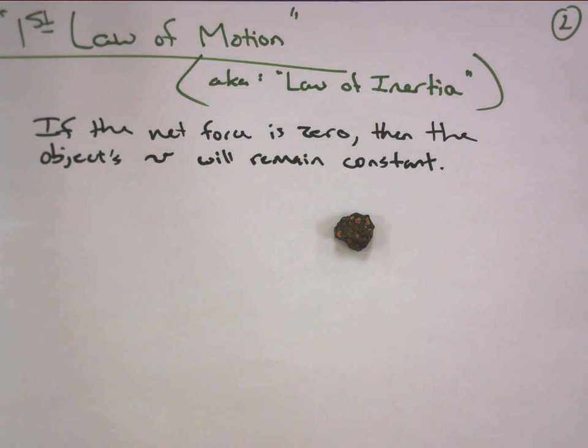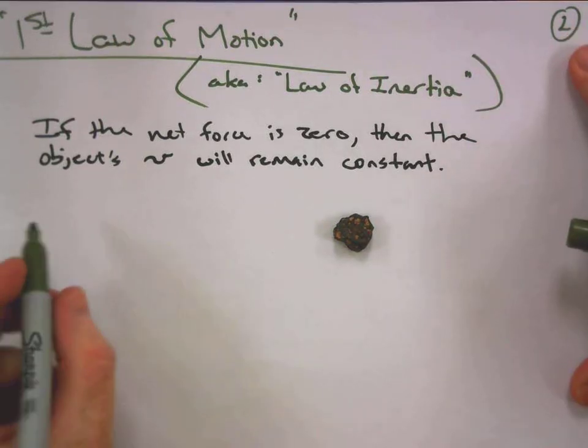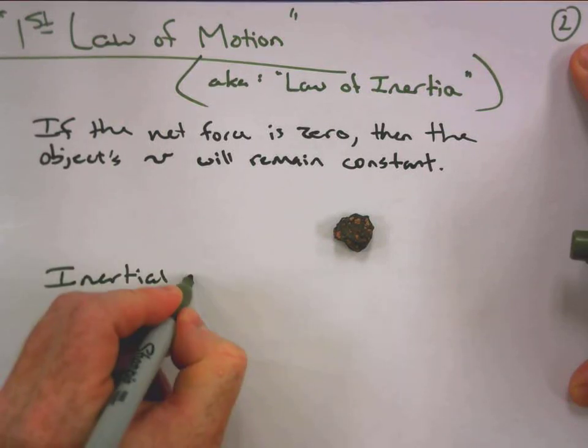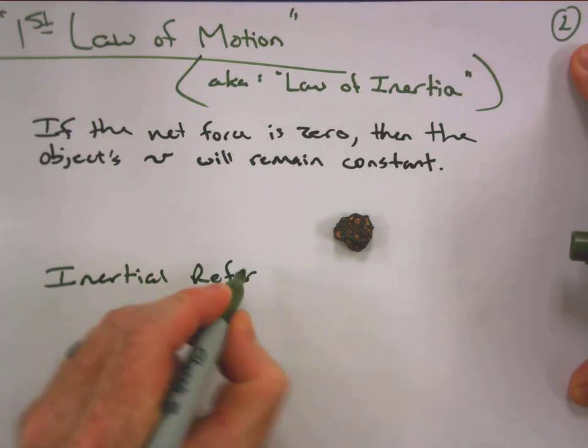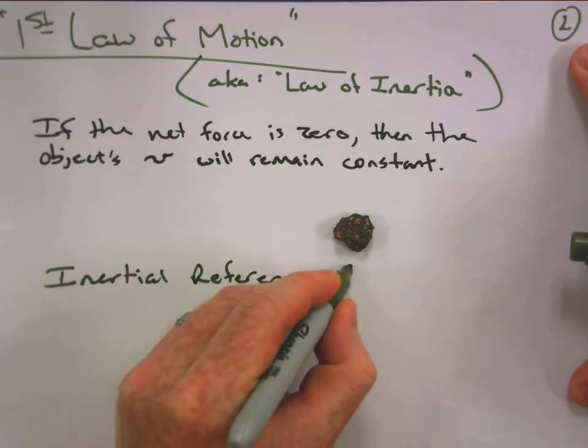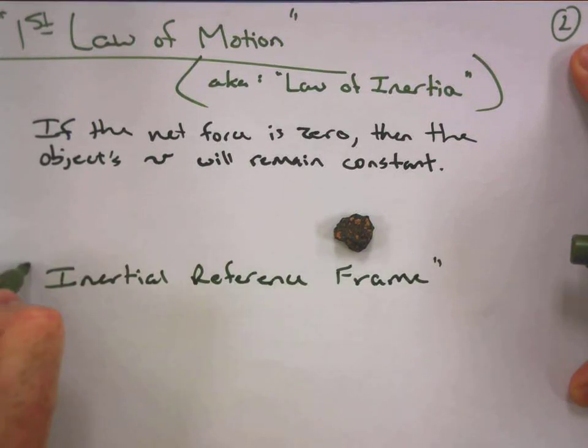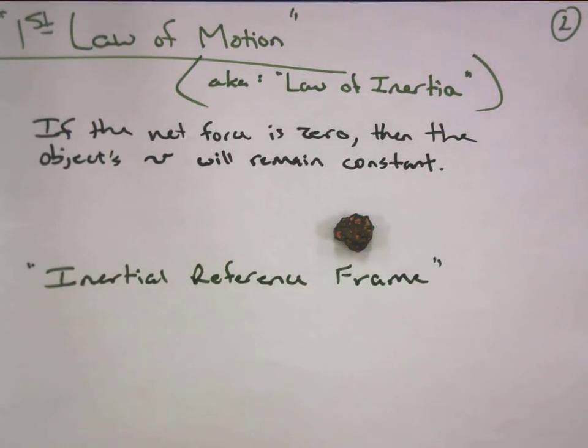Now, there's something else that's very important, although we won't deal with it much, and it's this idea of what's called an inertial reference frame. I'm going to write those words. Inertial reference frame. And what I'd like you to do is read about that in your book.